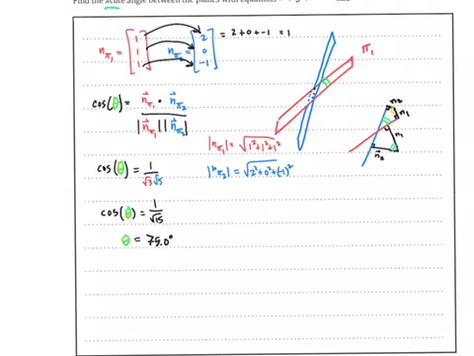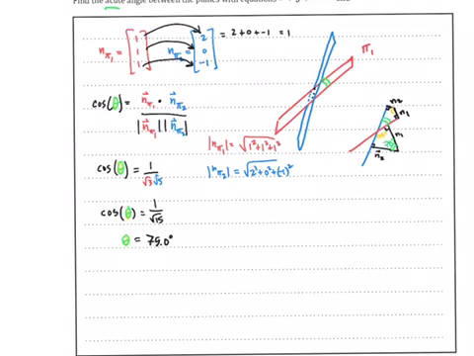So if I found this green angle, right, this one, to be 75 degrees, then by simple trig, this should be 105 degrees, which would then make this green angle right here also 75 degrees.